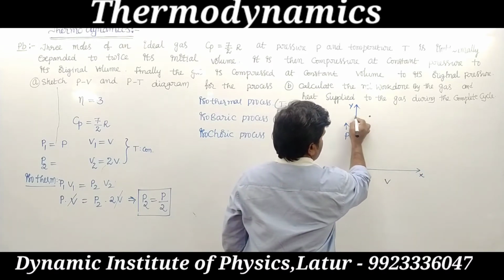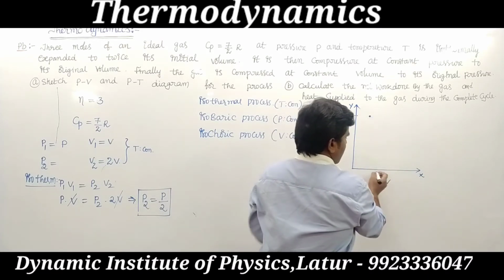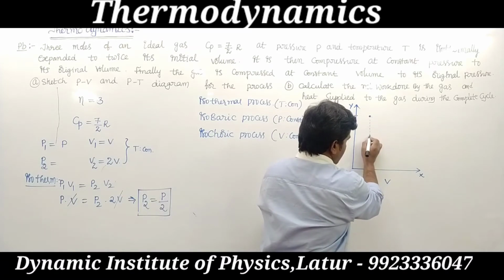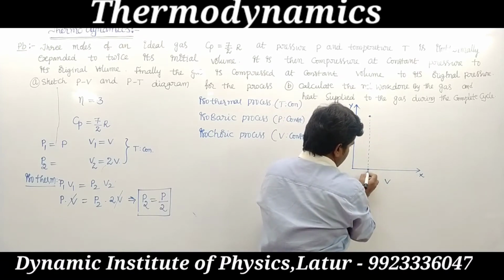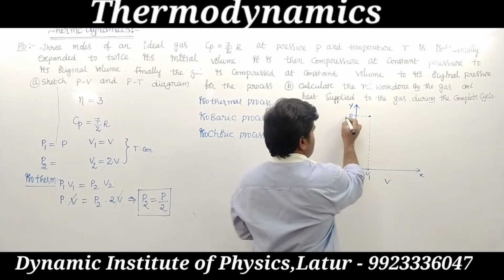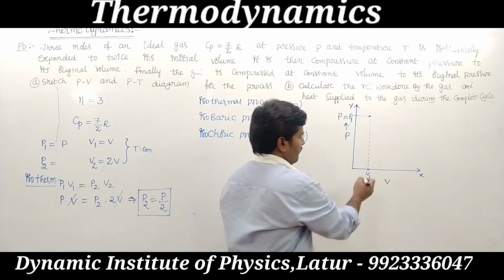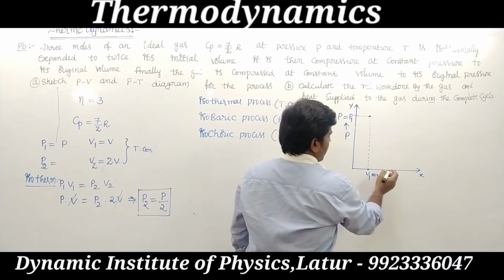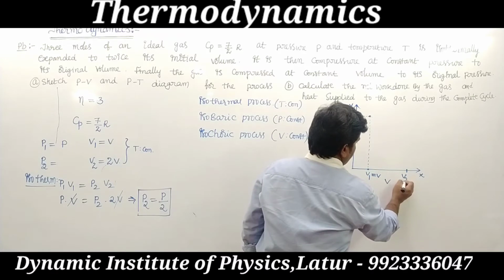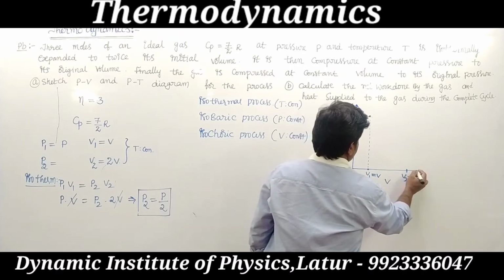Initially the pressure is P1, the initial pressure, which is nothing but P, and initially the volume is V1, the initial volume, equal to V. When volume increases, V2 becomes 2V.